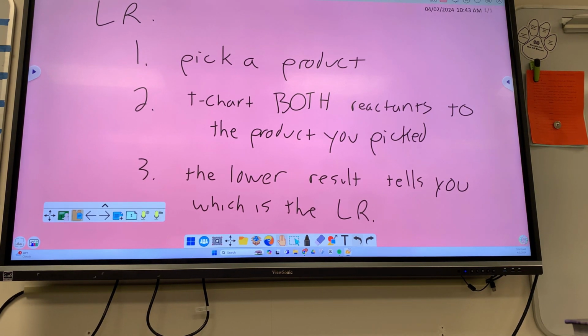And then once you've done both those T-charts to the same product, the lower number tells you that the beginning of that T-chart was then the limiting reactant. Like in our case, we figured out that it was the oxygen that we ran out of first.